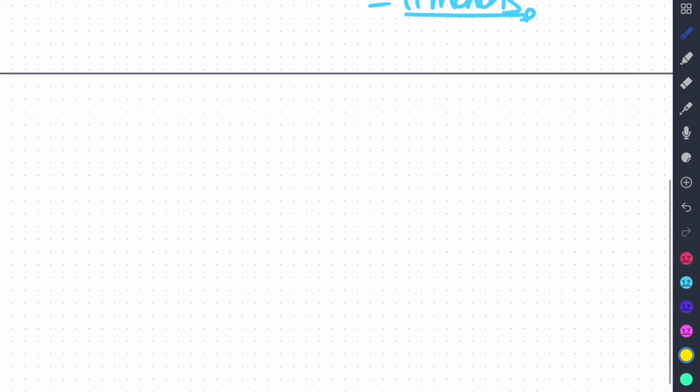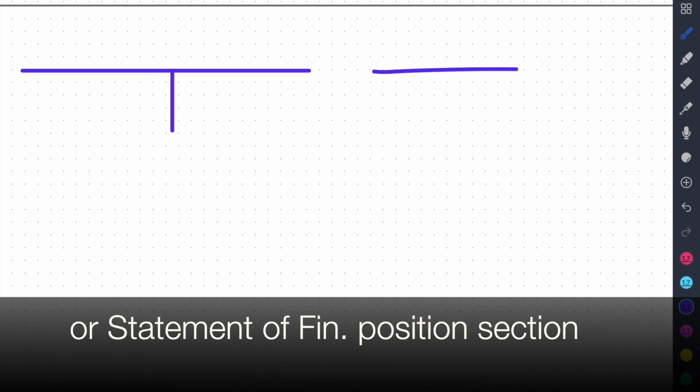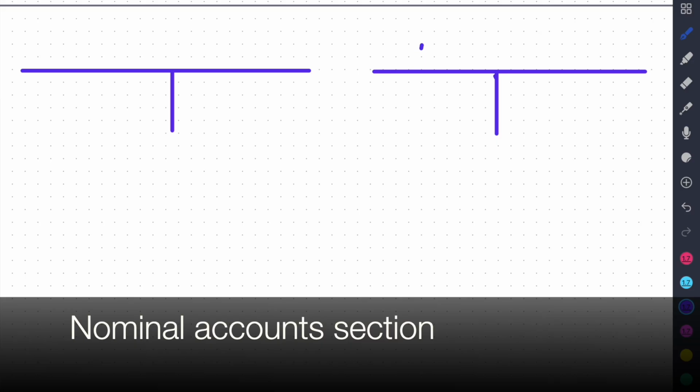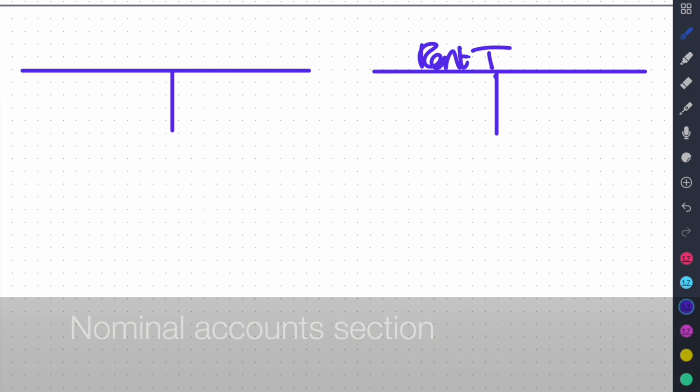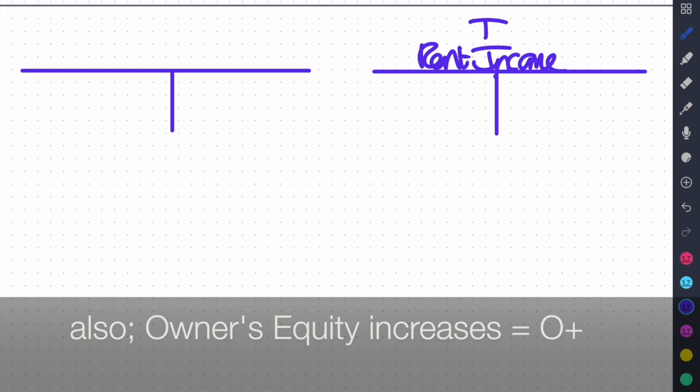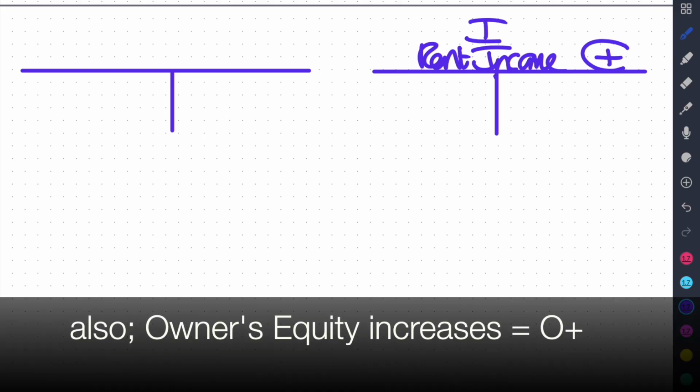So let's see what the adjustment actually looks like. I'm going to look at 2 general ledger accounts. One is sitting in your balance sheet section, and the other one is sitting in your nominal section. Rent income is the nominal account, which will go to your income statement. It's an income that increases on the right.